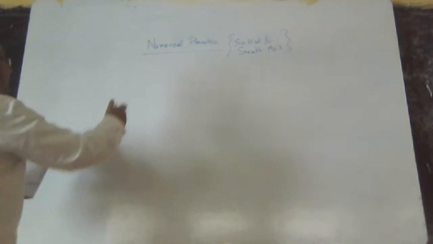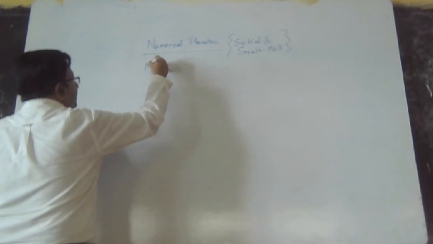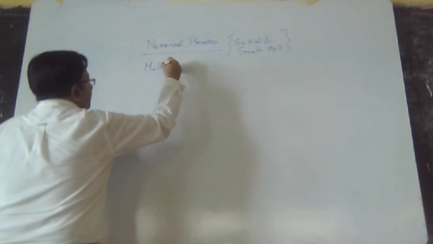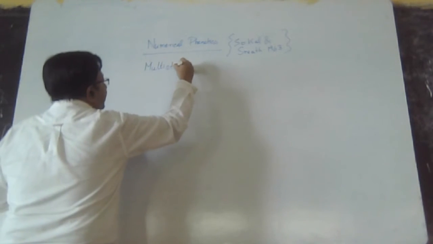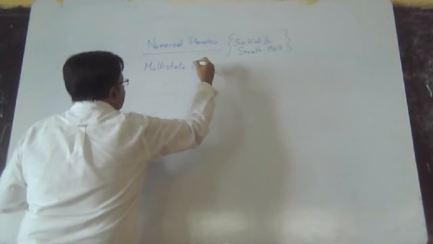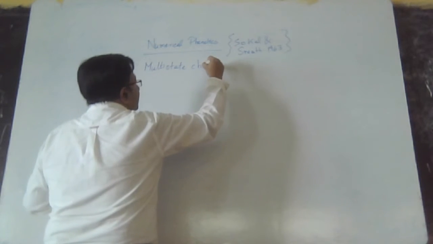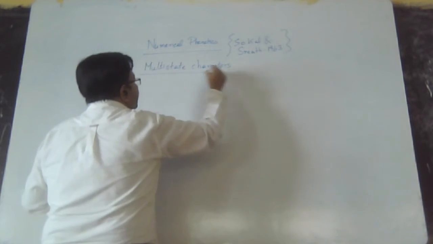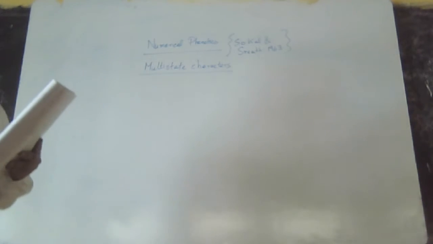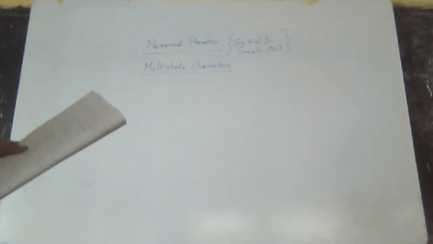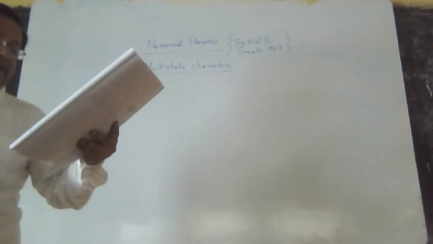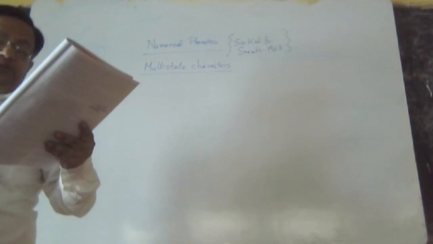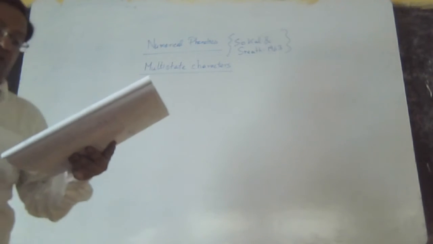You have multi-state characters. Now, what are these multi-state characters? As the name suggests, these are the unique characters which exist in more than two states.